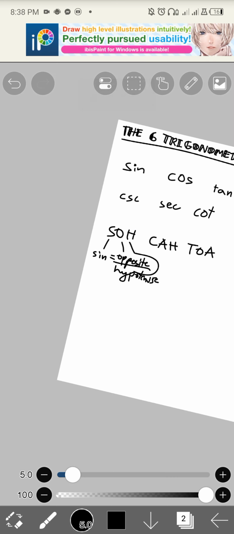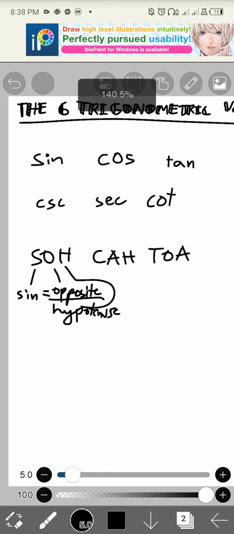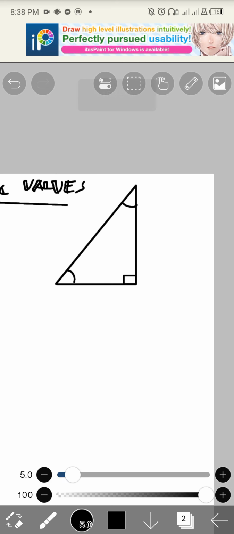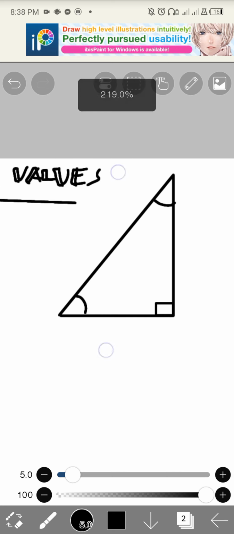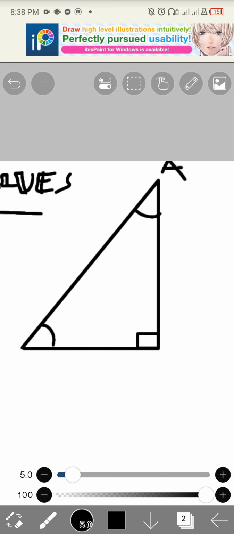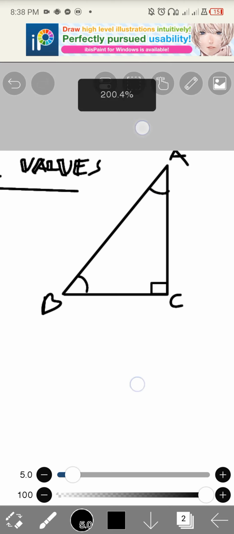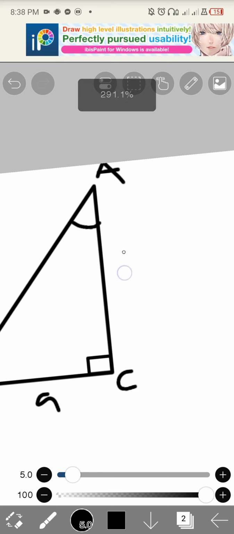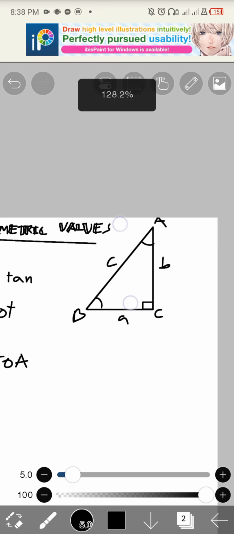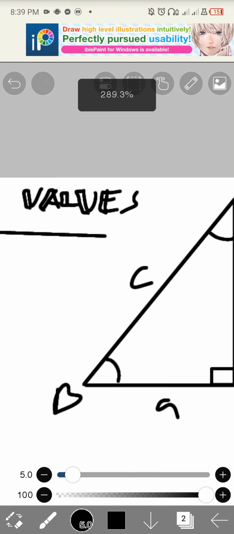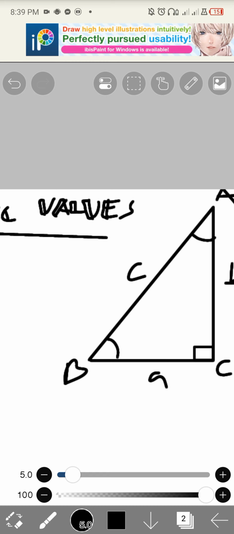Now you might ask again, so what is opposite, what is hypotenuse, and what is adjacent, no? So I have right here a right triangle A, B, C with the right angle at C. My side A, my side B, and my side C. So to label this all, C is always the hypotenuse.